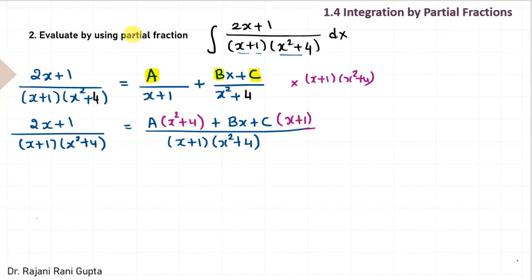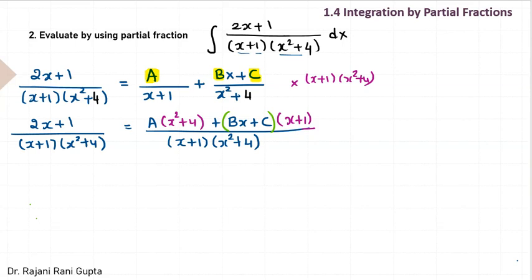Now see here, there is a high chance of making one mistake, which is very important that you should not make. When you write it in this way, it seems that c is multiplied only with x plus 1, which is not the case. Your entire term bx plus c should be multiplied with x plus 1. So always keep this in a bracket.